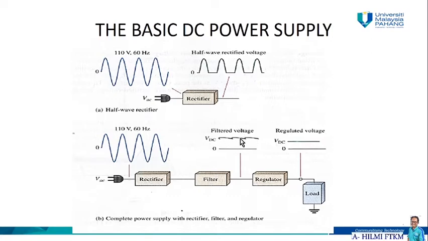Almost smooth but not that smooth, we still have that ripple. And then we have the regulator, which is a circuit that maintains a constant DC voltage for variation in the integrated circuits.